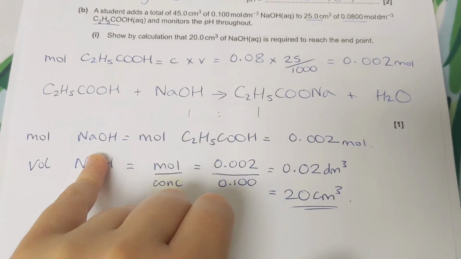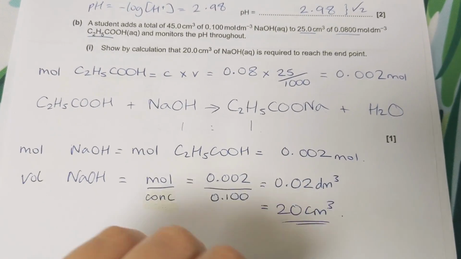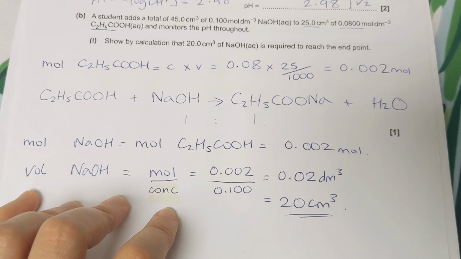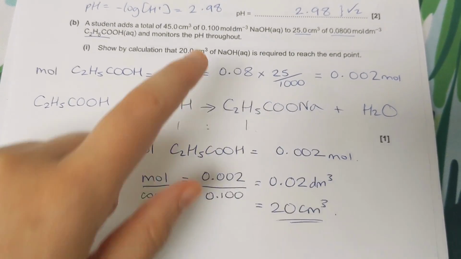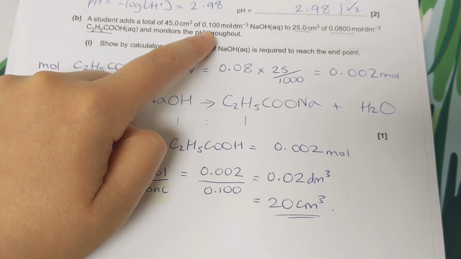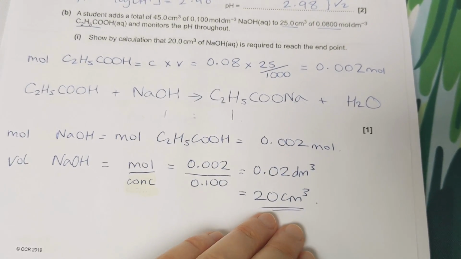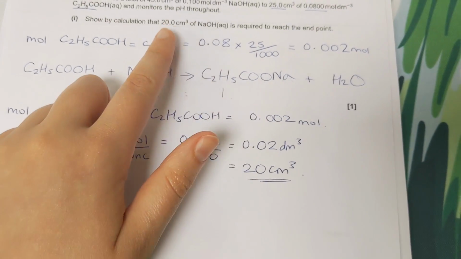So the moles of sodium hydroxide should equal the moles of the acid, and then we can rearrange to find the volume of sodium hydroxide by doing the moles we've just worked out over the concentration of the sodium hydroxide. It comes out in decimeters cubed and we just times by 1,000 to get it in centimeters cubed.